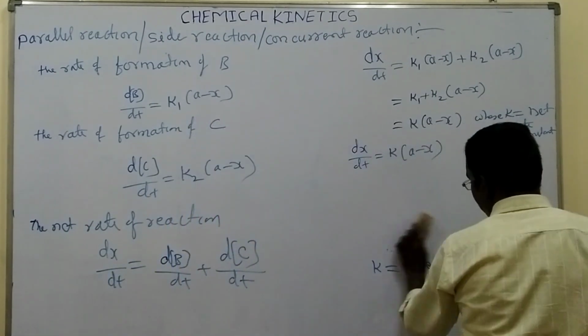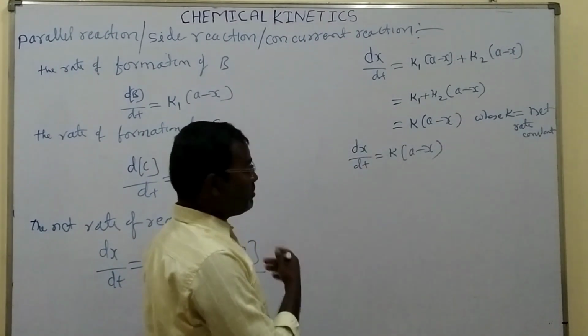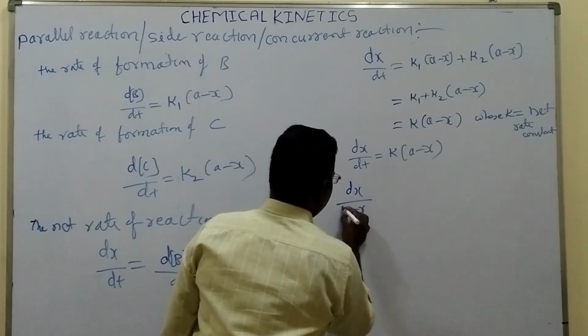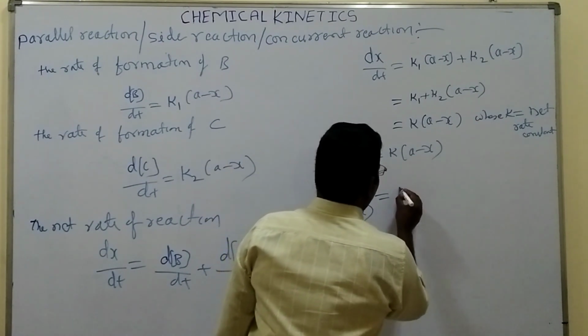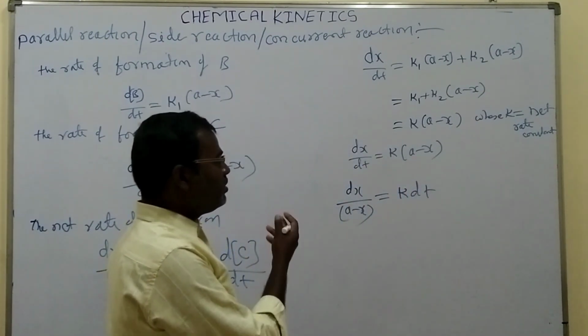Now you just send the a minus x to the left side. So dx by a minus x is equal to k into dt. Now you should integrate the equation.